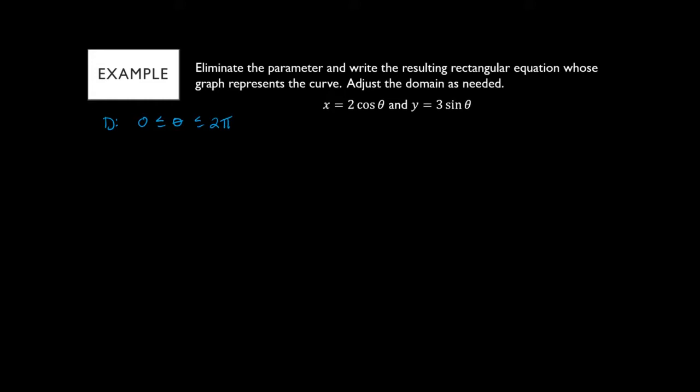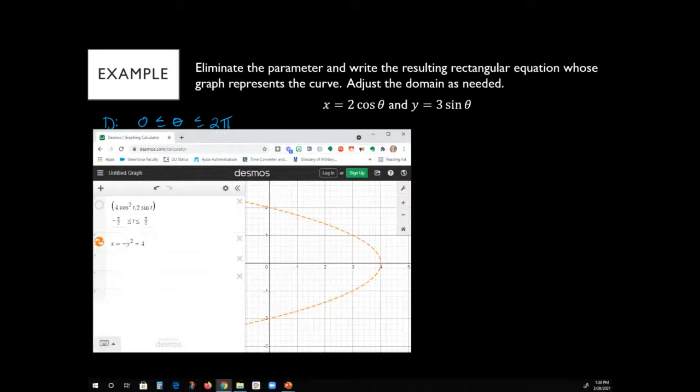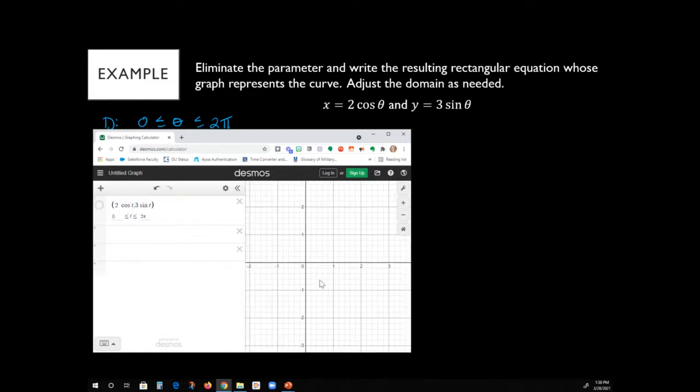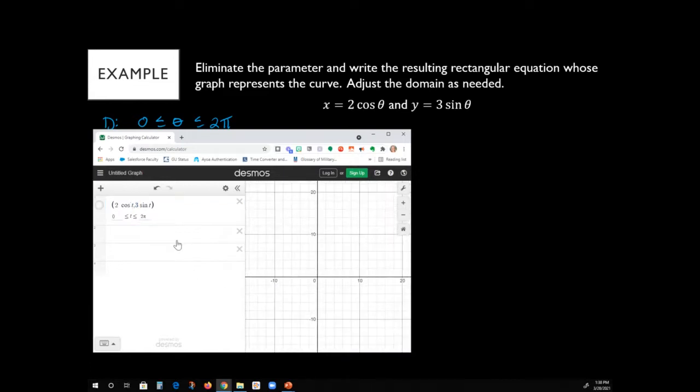So that's the first thing I'm going to do, is bring back Desmos here. I'm going to put in 2 cosine t and 3 sine t, going from 0 to 2 pi.